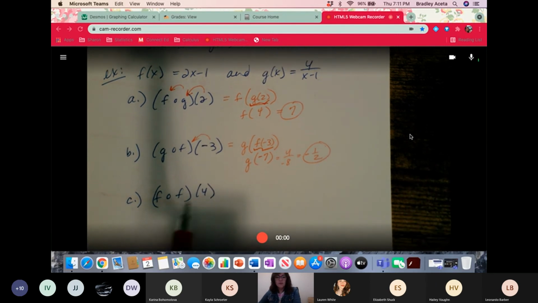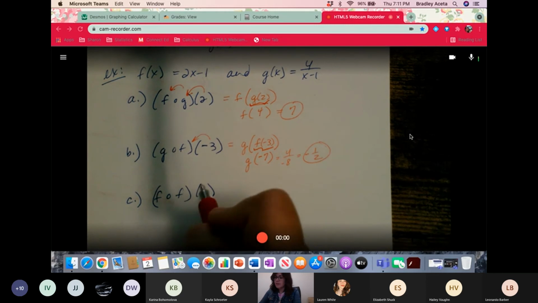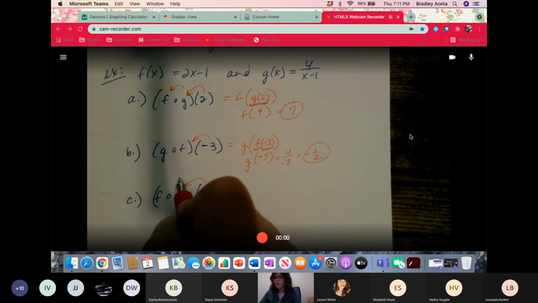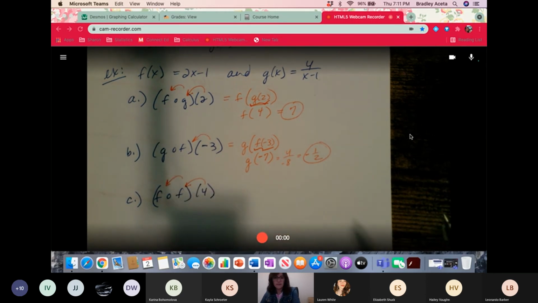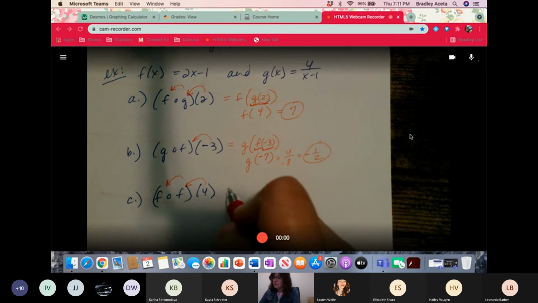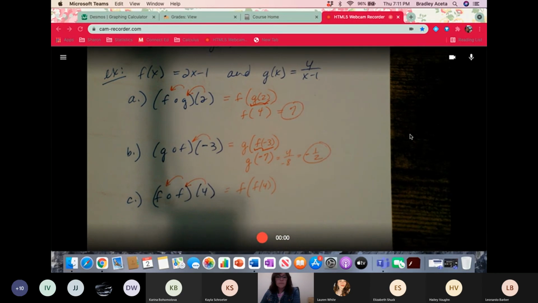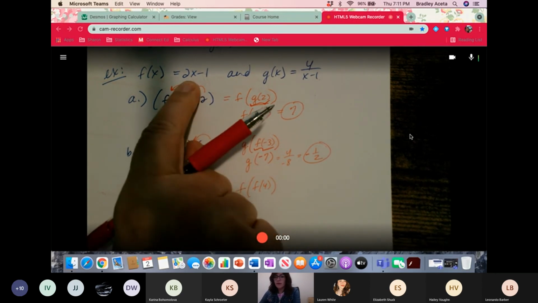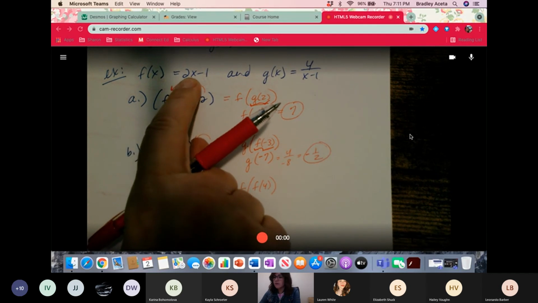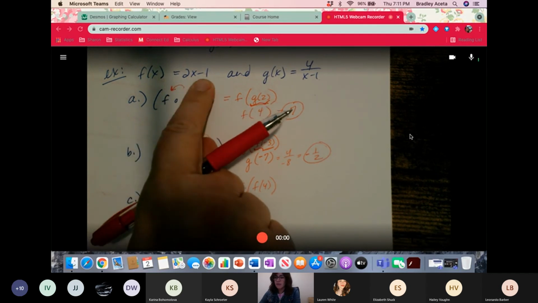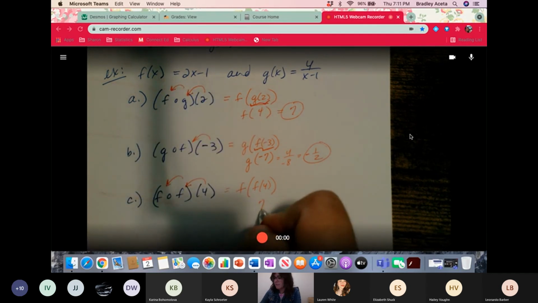Let's do the f o f. So this time I want to put a 4 into the f and then put that answer back into f. I don't even use the g at all. So this is the f of 4. So we're going to put a 4 into the x value for the f function. 4 times 2 is 8. 8 minus 1 is 7.